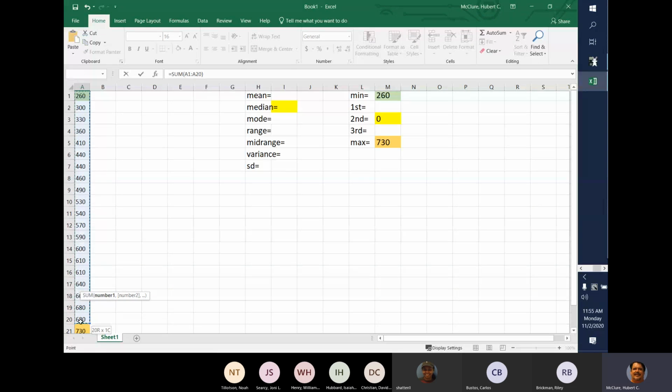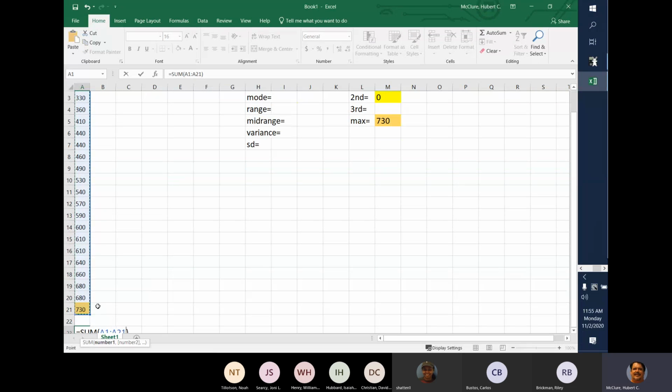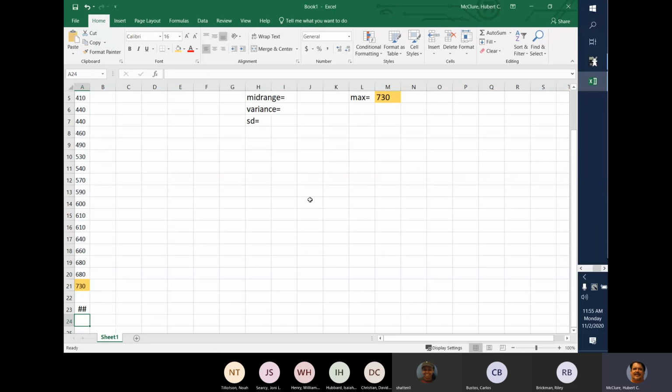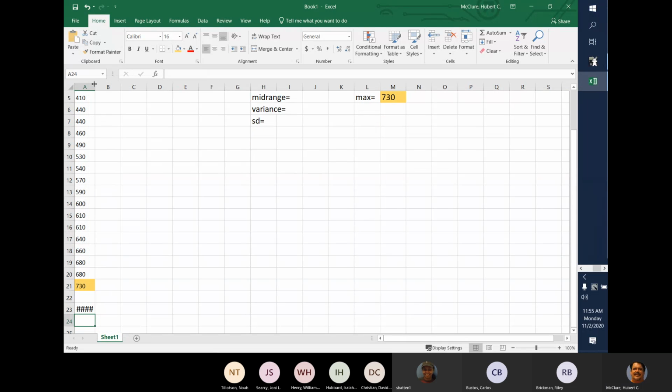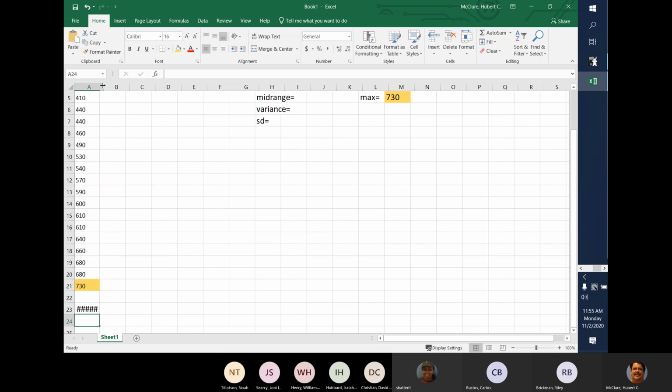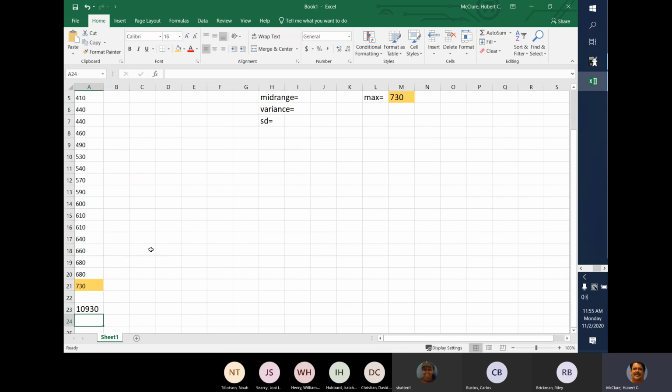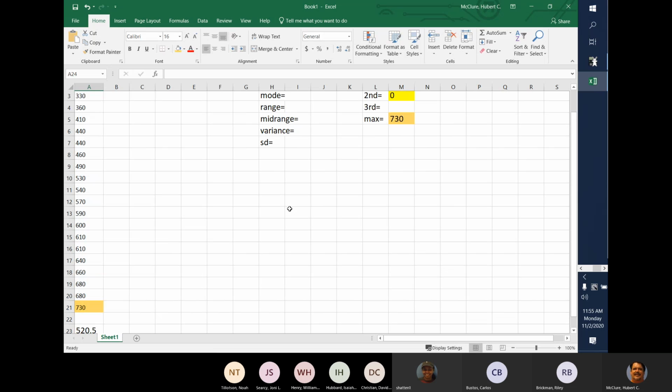Add all those up, and when you add them up, you're going to get a pretty big number. $10,930. And you're going to divide that by 21. That is your mean.